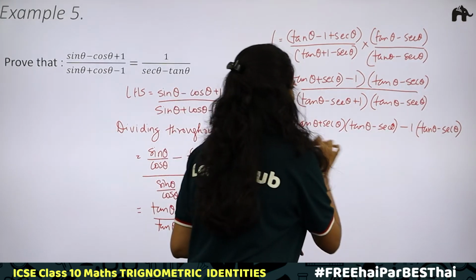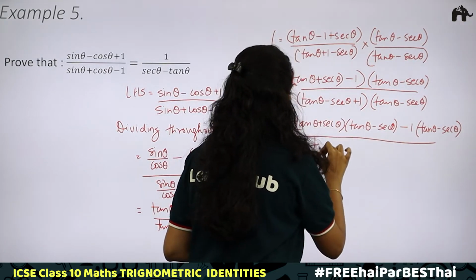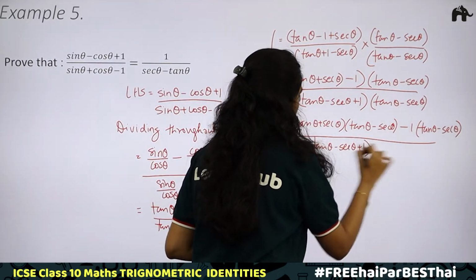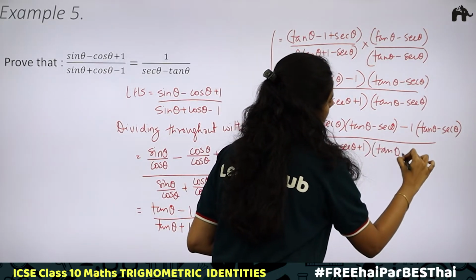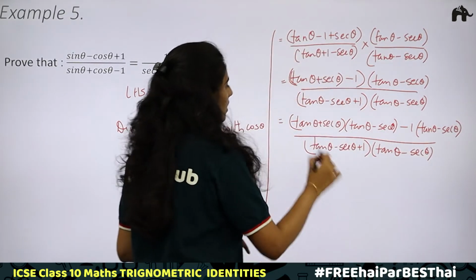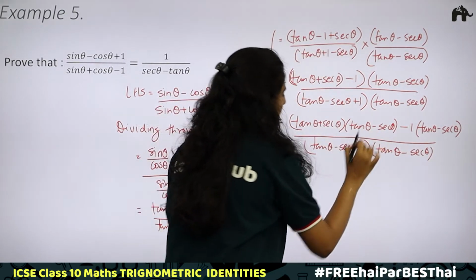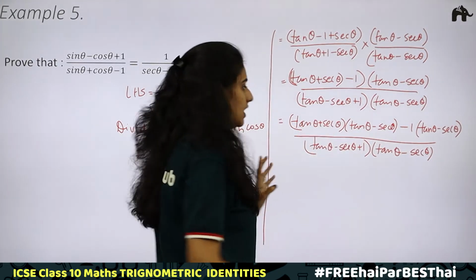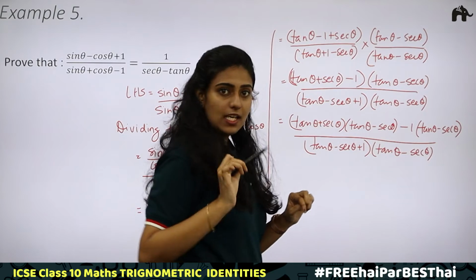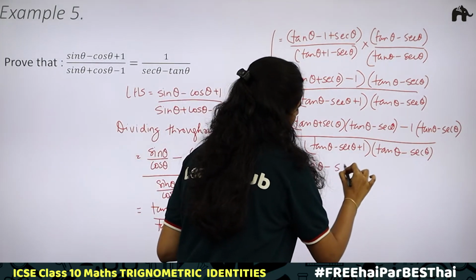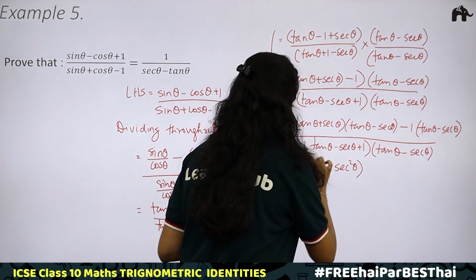Okay. Denominator same, we have tan theta minus sec theta plus 1 into tan theta minus sec theta. Okay. Here a plus b into a minus b form. In place of a we have tan theta and in place of b it is sec theta. A plus b into a minus b is a square minus b square. So we get tan square theta minus sec square theta.